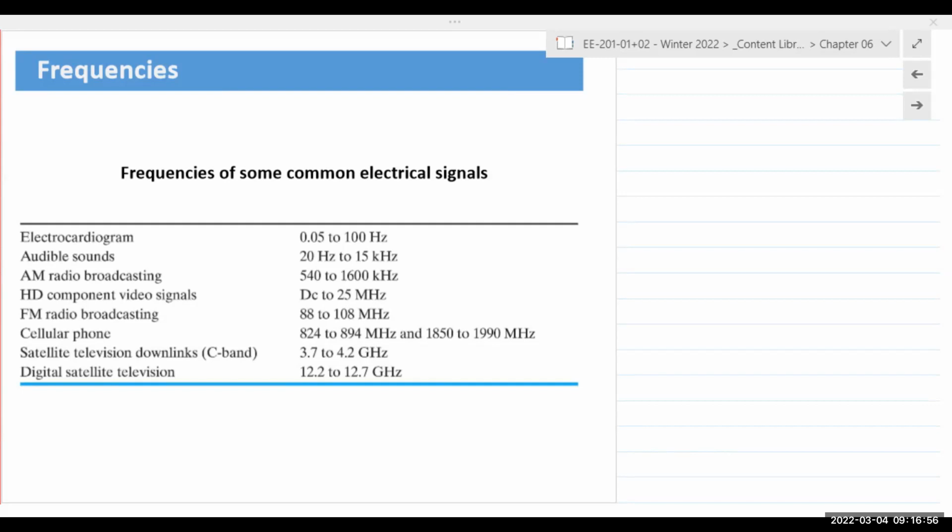So for instance, take FM radio stations or AM radio stations. Each of the numbers for those radio stations is the broadcasting frequency, meaning 99.7 FM has to do with the broadcasting frequency, which is 99.7 megahertz.